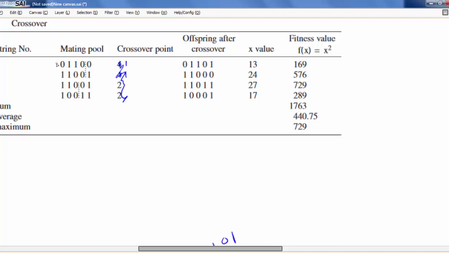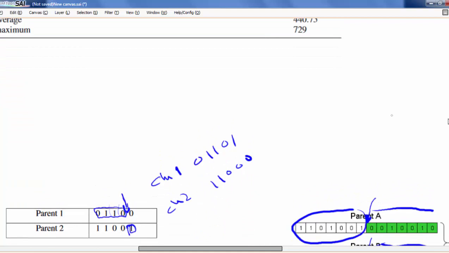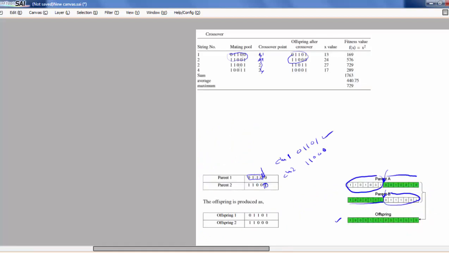So in the mating pool, we make a crossover between these two and produce these two children, as I wrote here. And these two make a crossover between them, and we get this. So we compute the decoded value for each of these chromosomes.